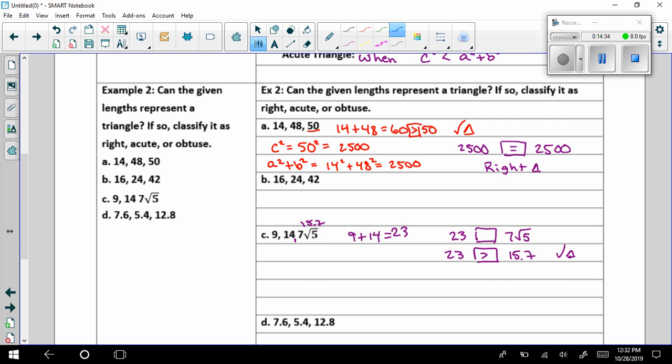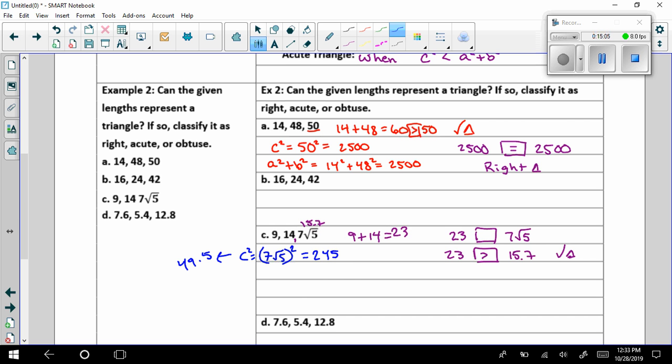All right, so now we can plug everything in. So when you do 7 root 5 squared for your c squared, you're going to square the 7 and square the root of 5. Just type it in your calculator just as you see it, and you'll see that it's 245. The reason is because it's 49 times 5. Okay.